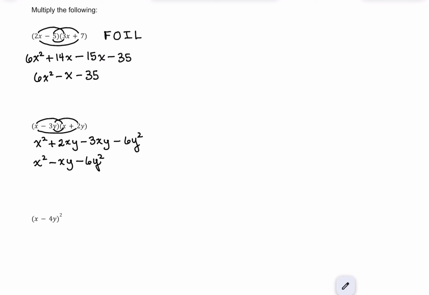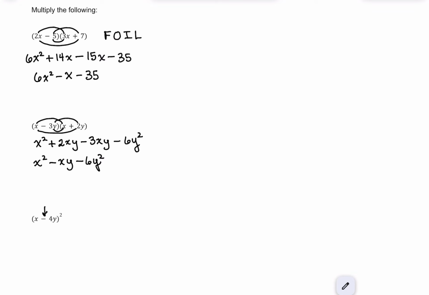And then our last example for this video is to take the binomial x minus 4y and quantity square. Now, we did have a property of exponents that said if you had all multiplication in the parentheses, each factor gets the exponent. But in this example, we have a subtraction between terms.